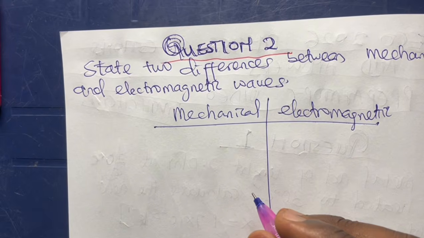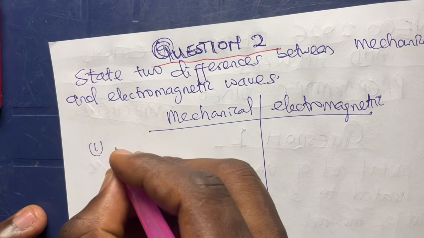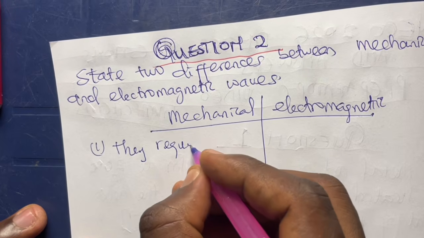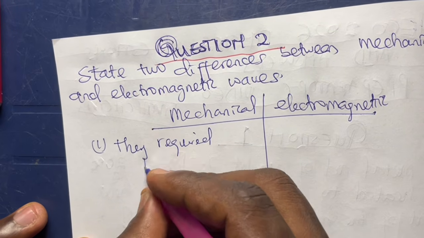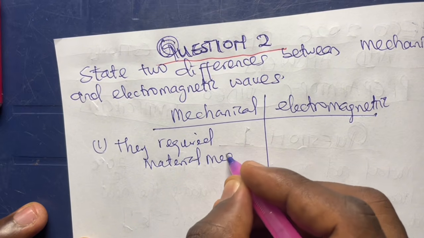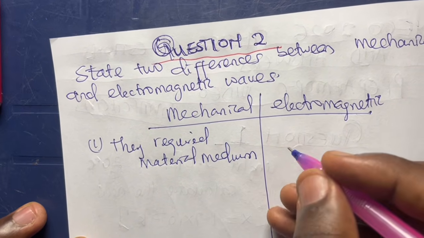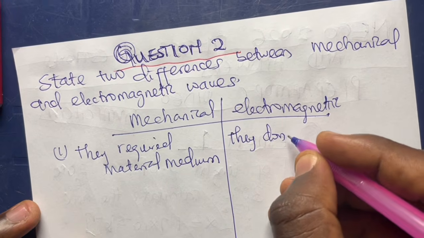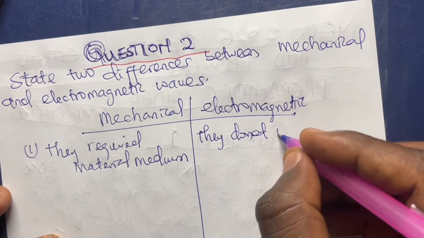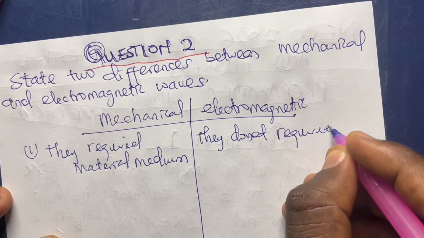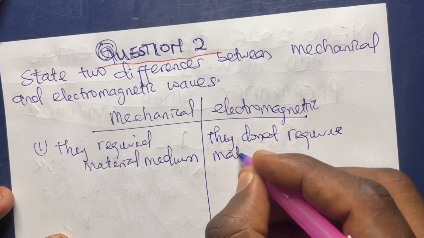For the first one, mechanical waves require a material medium, but electromagnetic waves do not require a material medium.